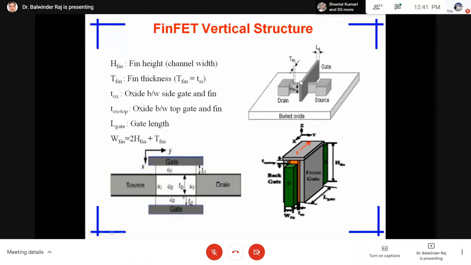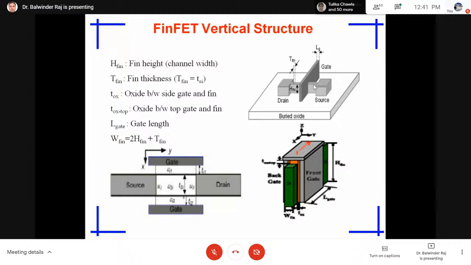But if you see here, I have a source and drain, but this channel length is not completely covered by the gate. This is known as LG, and the rest of the channel, these are known as spacers, which are actually not covered by the gate. So this spacer technology is used in the FinFET, but it was not used in conventional devices.